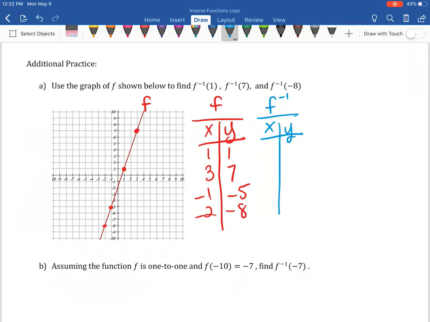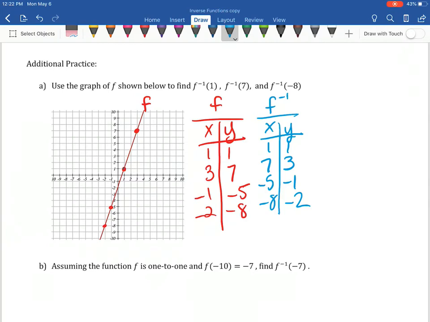So if I plot the point 1, 1 on the function f, when I switch it, I should also have the point 1, 1 on the inverse. 3, 7 on the original function means I should have the point 7, 3 on the inverse. -1, -5 means on the inverse I should have the point -5, -1, and then I should also have the point -8, -2 when I switch those as well.